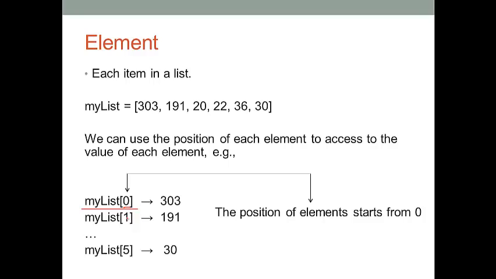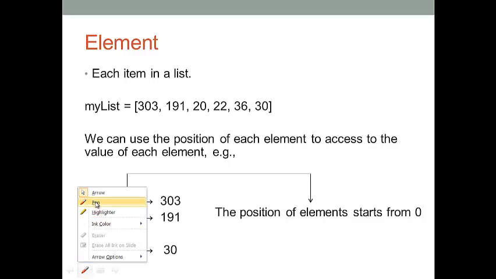Some classmates may ask, since element 303 is the first element in the list, why don't you use 1 to represent the position of element 303? Remember, the position of the first element in any list should be 0. Therefore, the position of the second element should be 1. The position of the third element in a list should be 2, and so on and so forth.